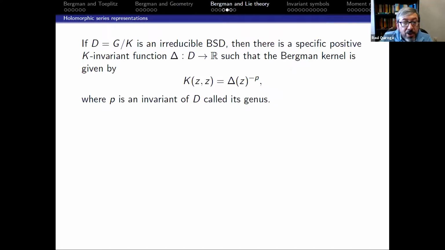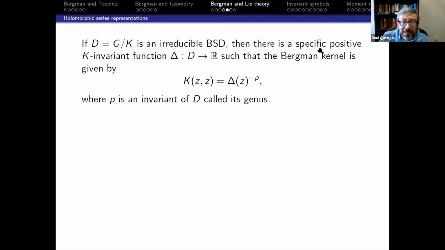Because of some features, mostly due to the fact that you're working with non-compact simple Lie groups, you can turn this into a collection of unitary irreducible representations. So let me explain how to do that. You take your irreducible bounded symmetric domain, G mod K, then there is a very specific K-invariant function delta from D into the real numbers, so that the Bergman kernel is given by a negative integer power of this function delta.